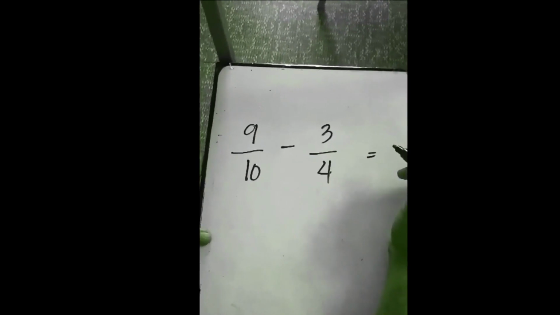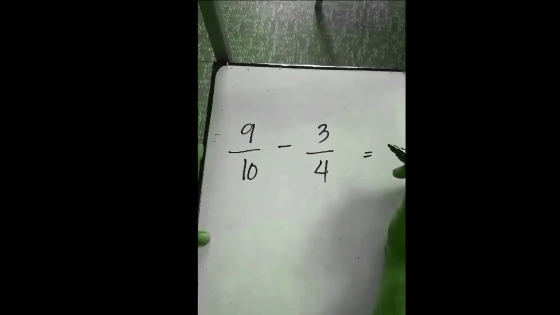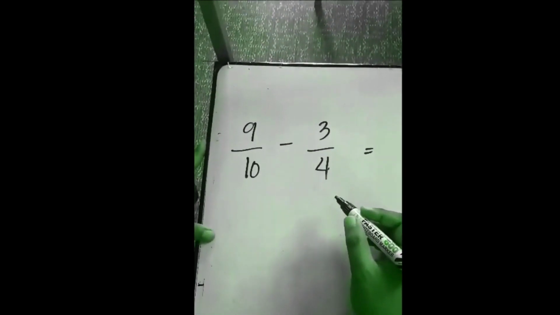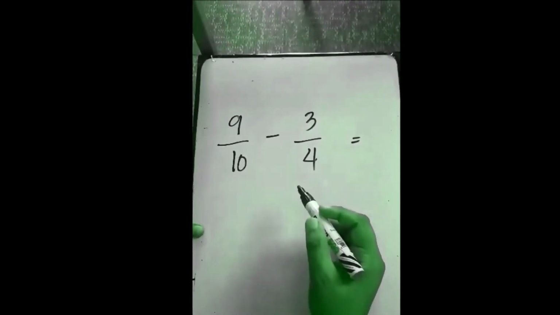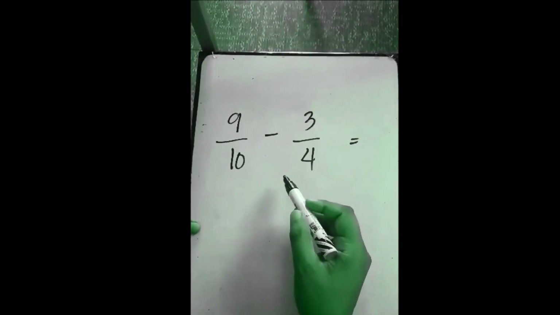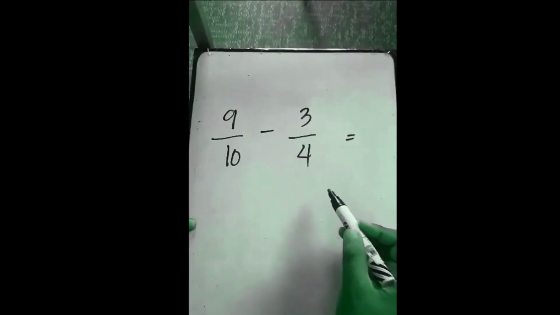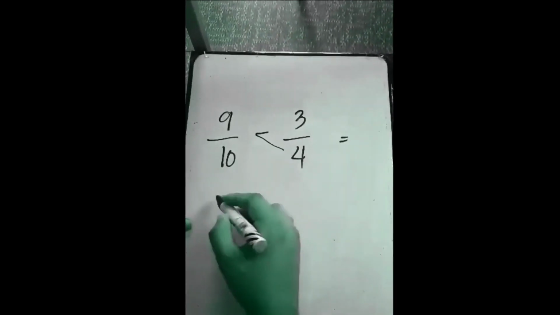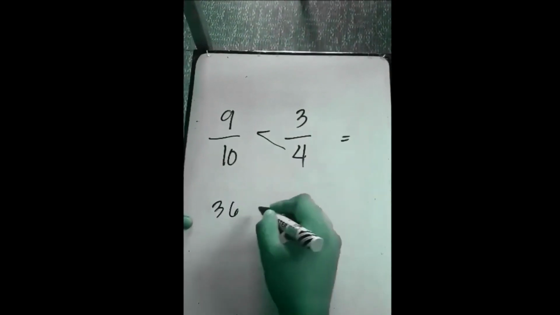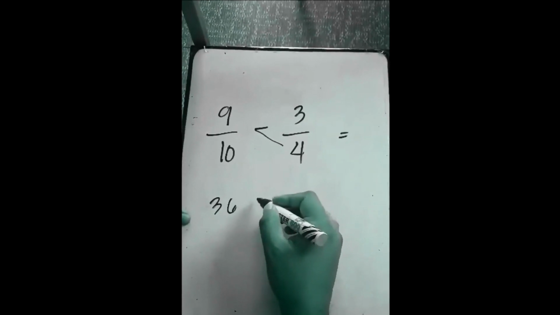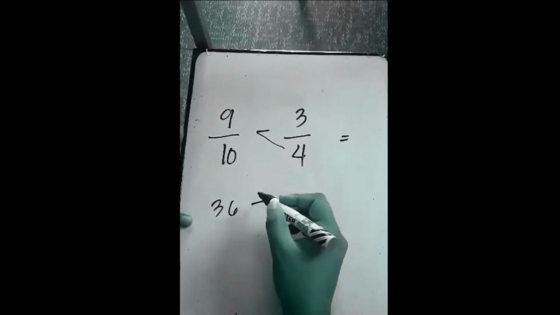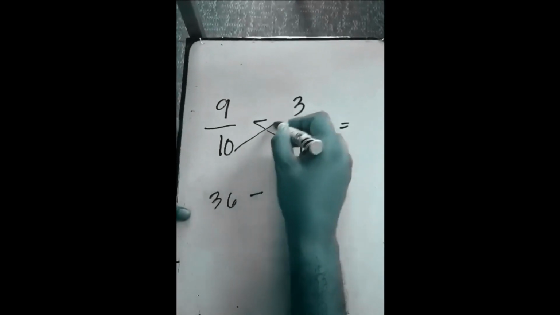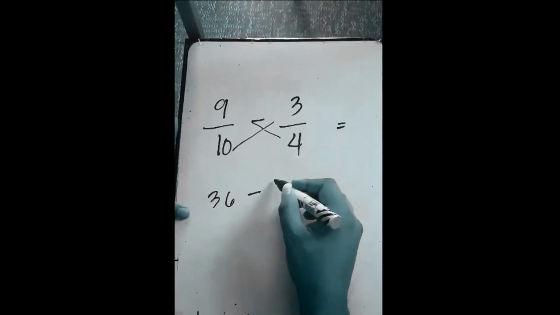So the same thing, we will go through the butterfly steps, which requires us to cross multiply. So we will multiply the numerator of the first by denominator of the second. So that's 9 times 4, and that gives us 36. And let us copy the sign, which is minus, and cross multiply the other part, which is 10 times 3.